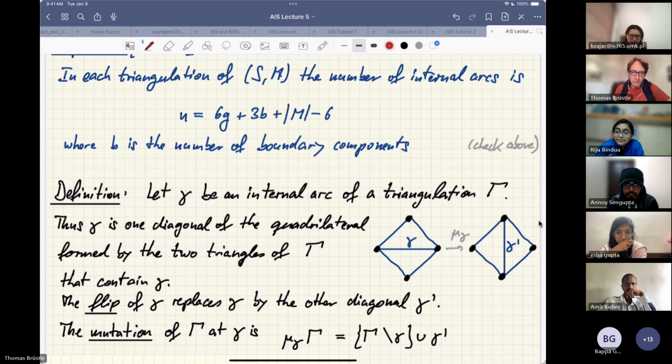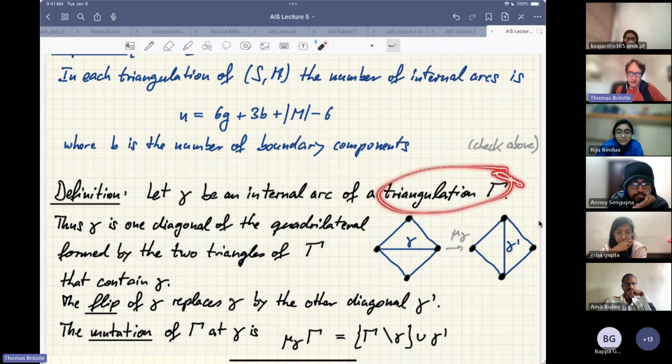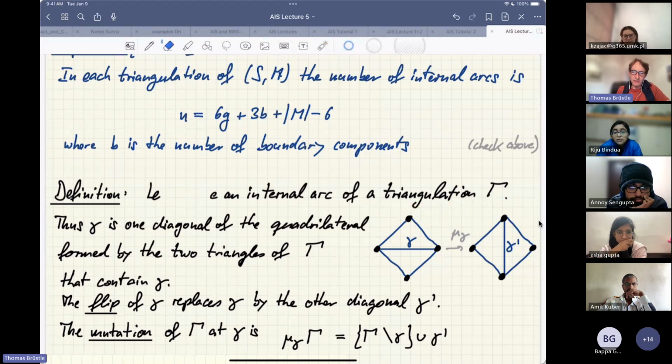Suppose we have a triangulation gamma fixed, and we consider one internal arc gamma of that triangulation. It's important that the arc gamma is not considered just by itself, but it's an arc that is part of a fixed triangulation.